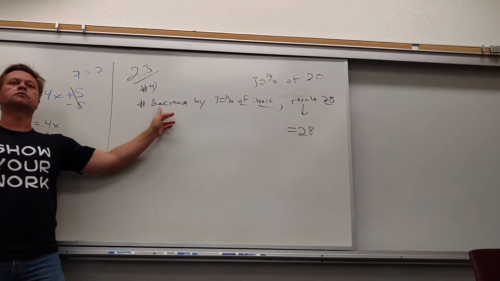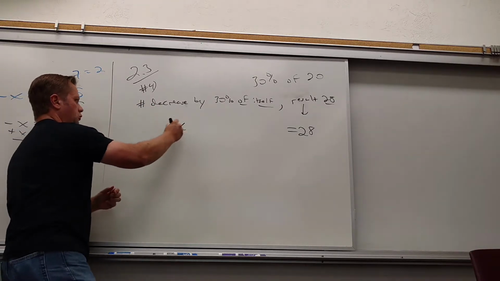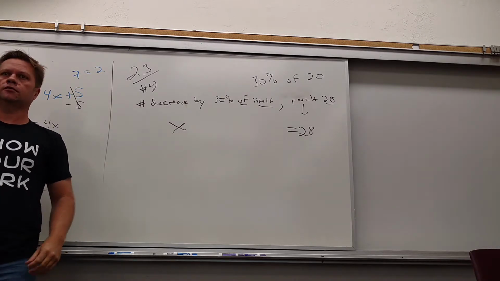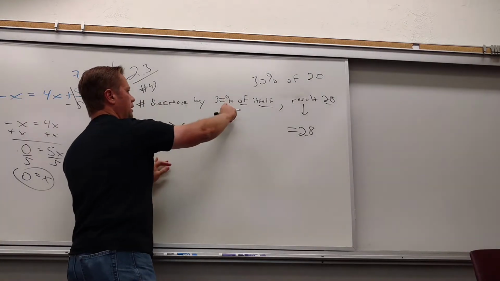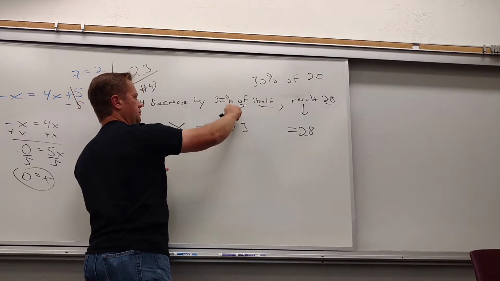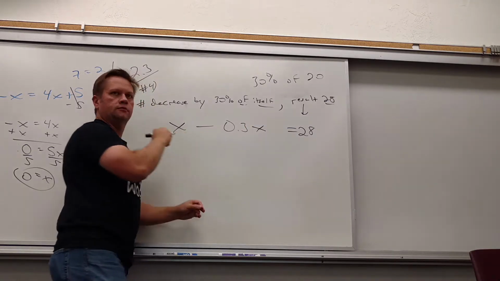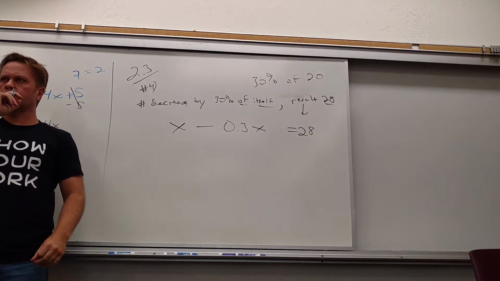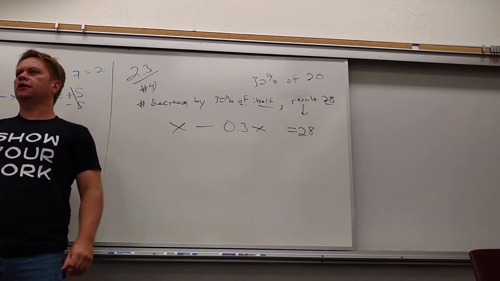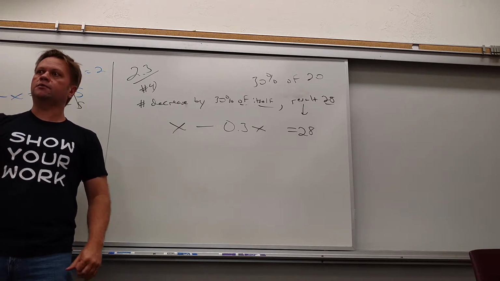So you take a number. So what are you going to put down for them? X. And you decrease it by minus 30% of itself. 30% times itself. X. 30% of 20 is 0.3 times 20. 30% of 800 is 0.3 times 800. 30% of a number is 0.3 times x.